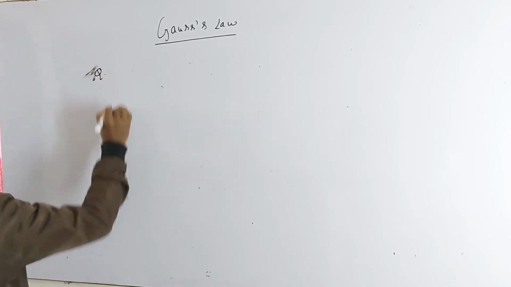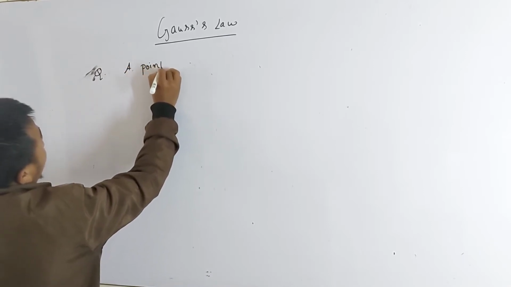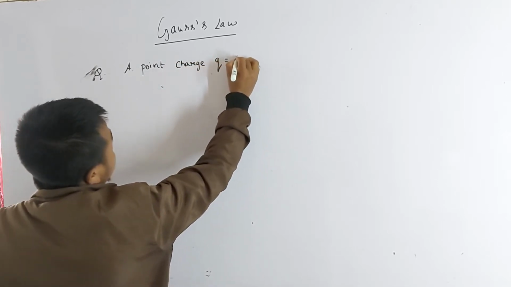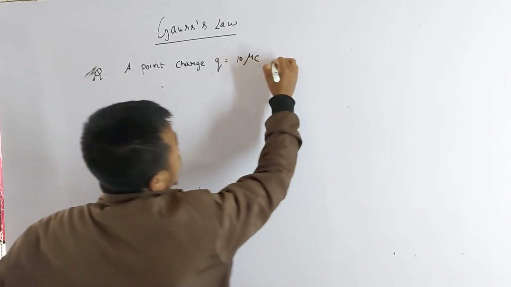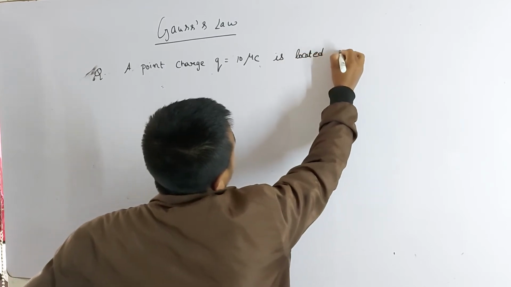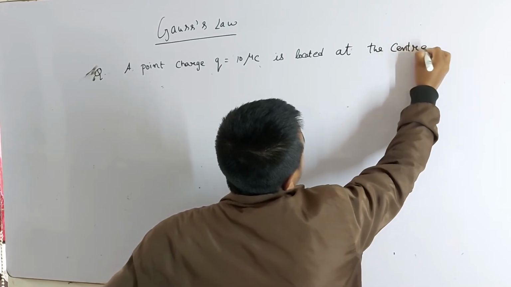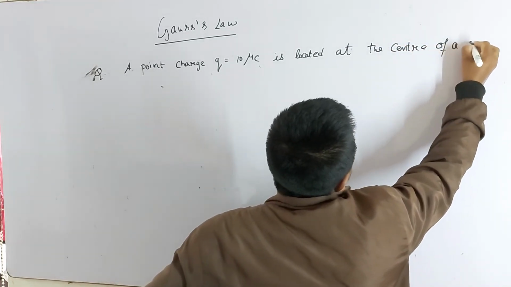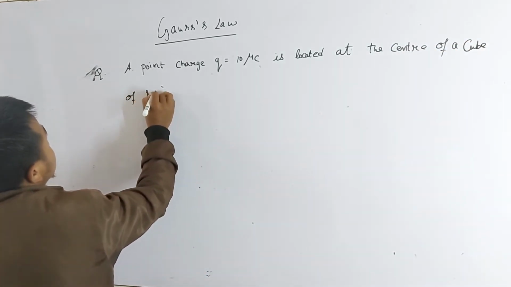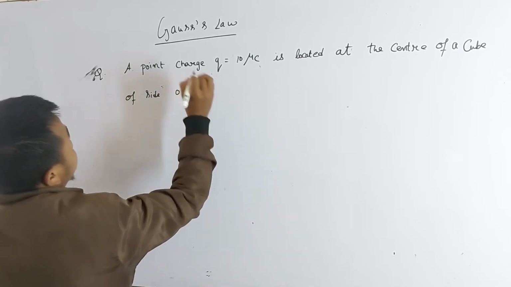Question: a point charge Q, say equal to 10 microcoulomb, is located at the center of a cube of side 0.04 meter.